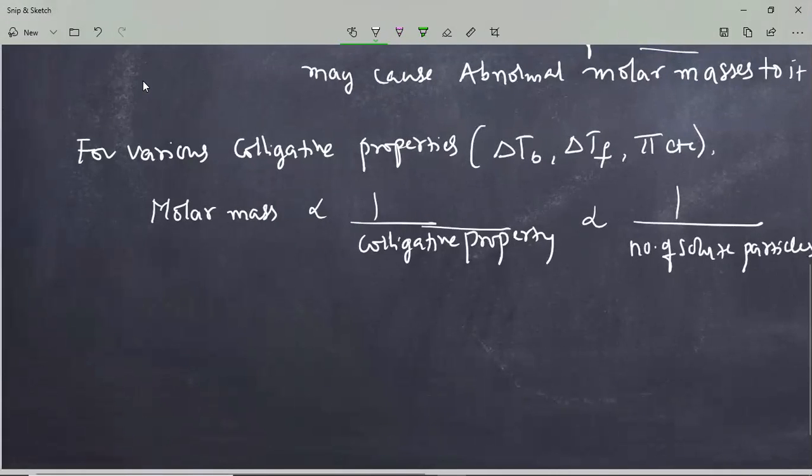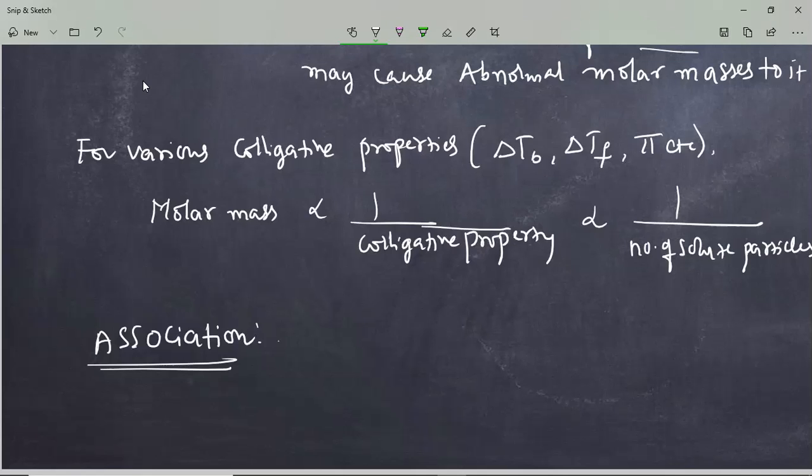Association means there are a large number of organic substances which generally undergo association in non-aqueous solvents other than water, because organic compounds are completely soluble in non-aqueous solvents only. Due to this, two or more molecules of solute associate to form bigger molecules.